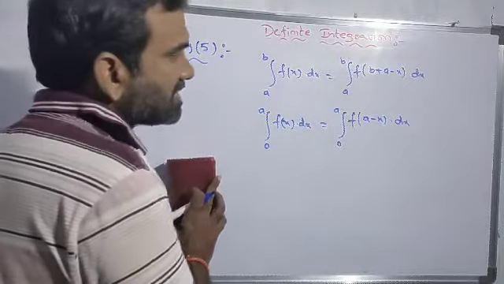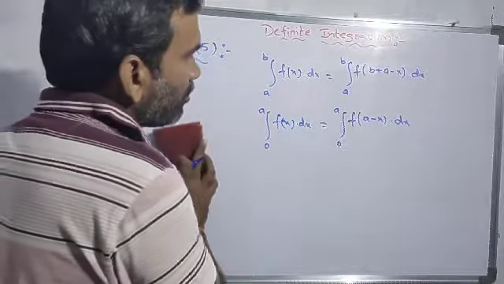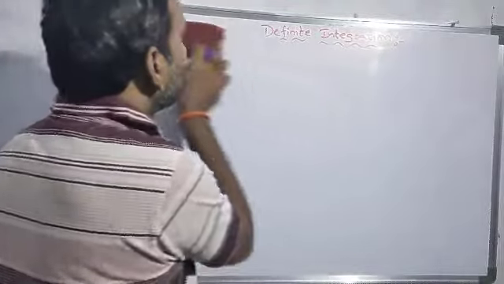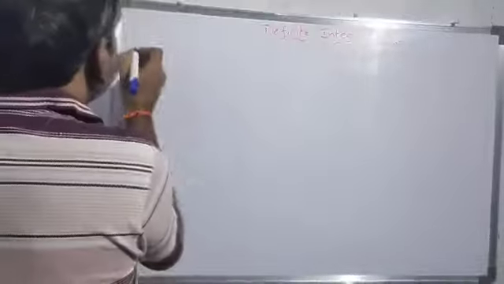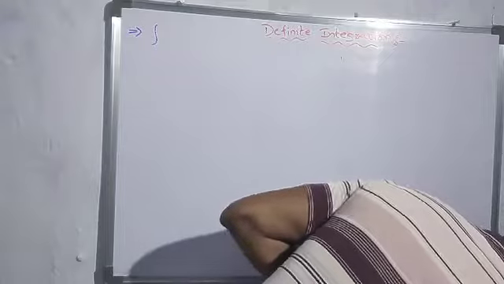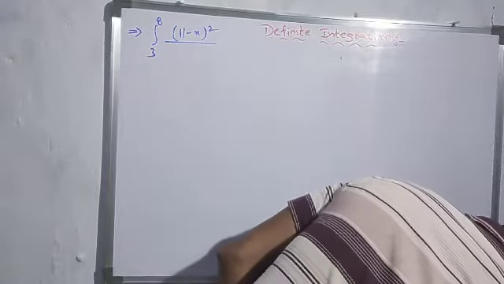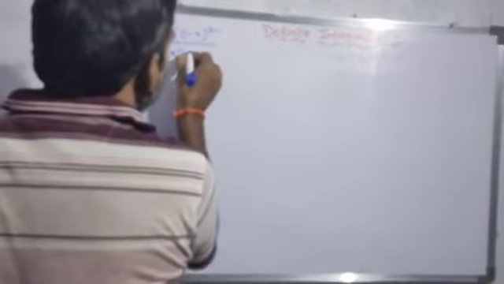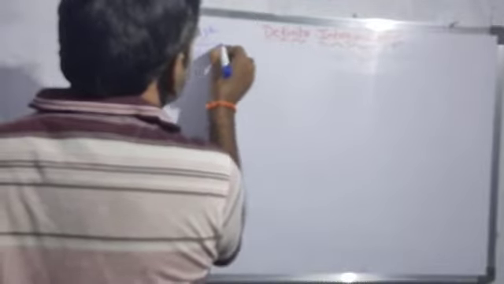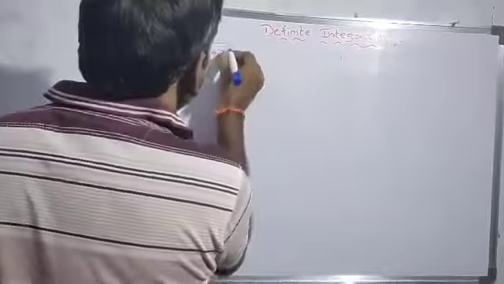In this we can take one problem by using this. Here I am taking one problem: the integral from 3 to 8 of (11 minus x) whole square by (x square plus (11 minus x) whole square) dx.